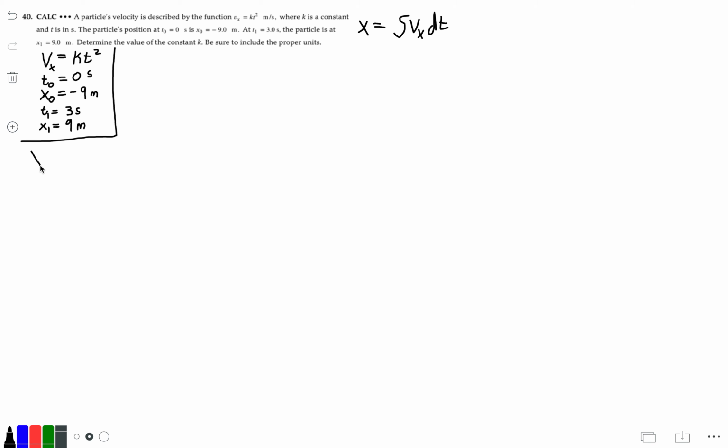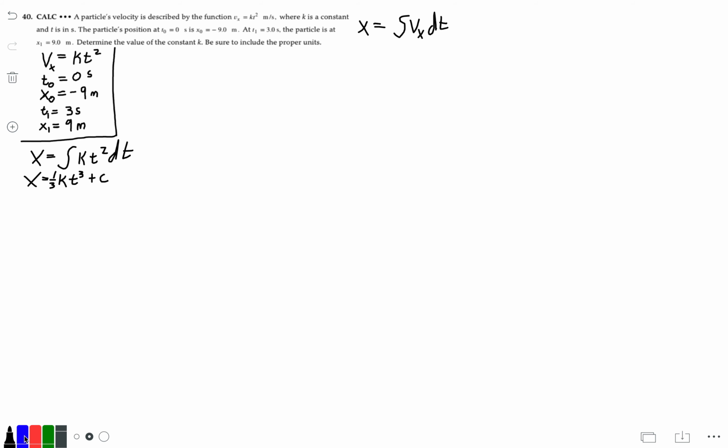From here, we're going to plug our velocity equation into this integral with respect to time, and we're now going to perform this integral. So from here, we get 1/3 times k times t cubed plus c.